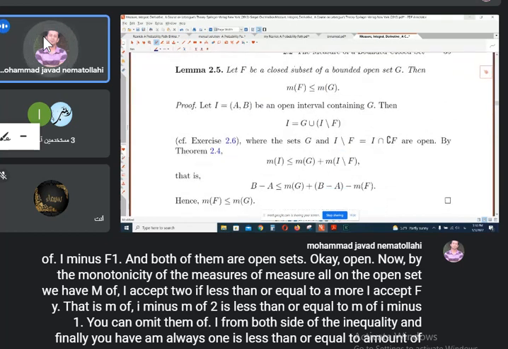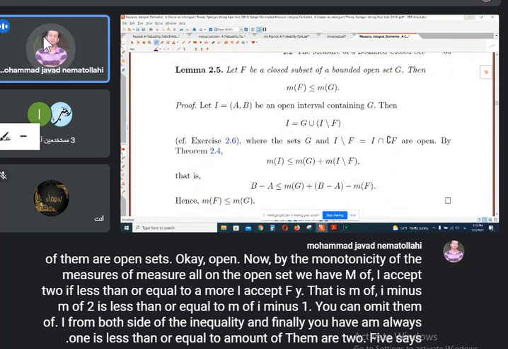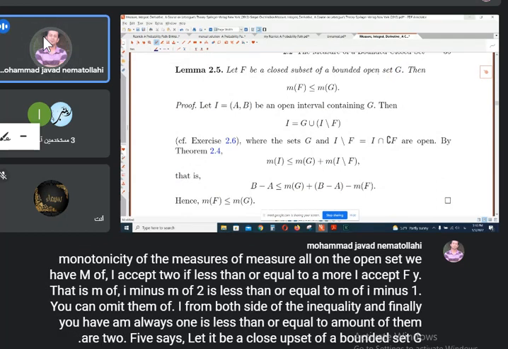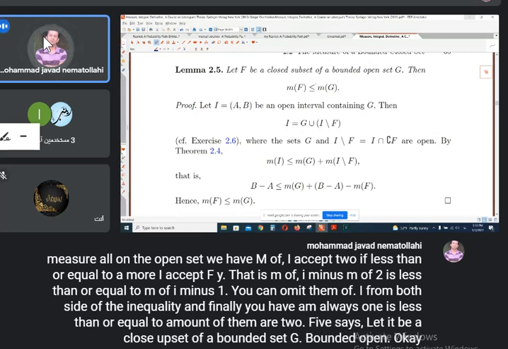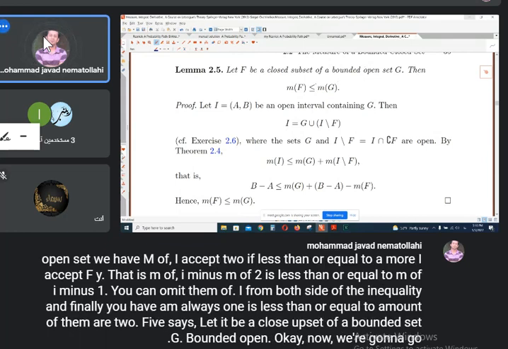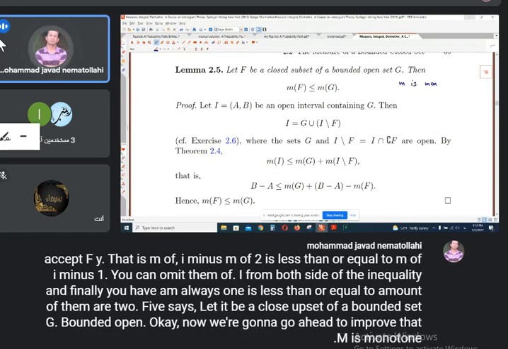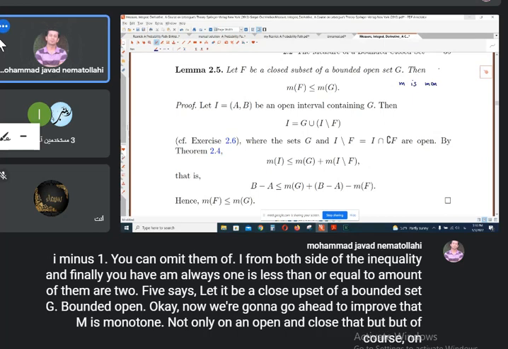Lemma 2.5 says let F be a closed subset of a bounded open set G. Okay, now we're going to prove that m is monotone, not only on open and closed sets, but of course on any two sets.